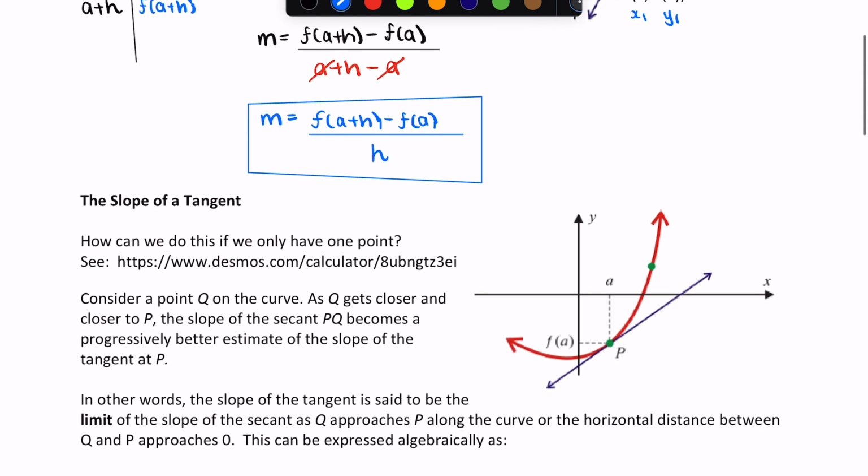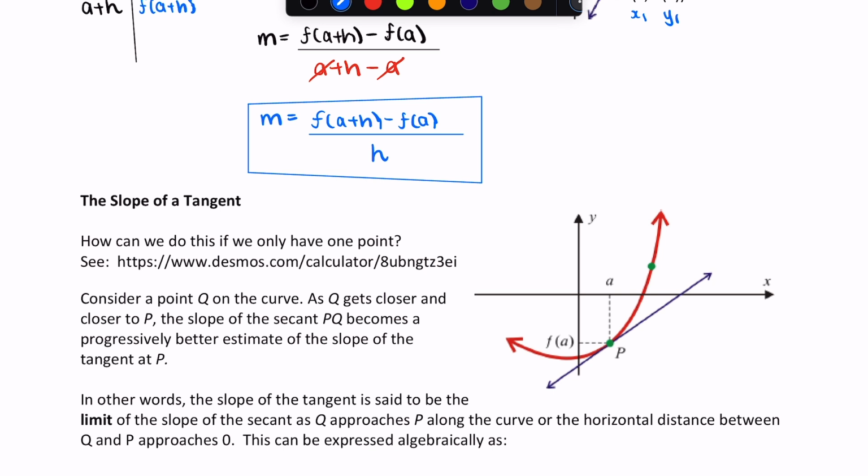Okay, so let's look at the slope of a tangent line. So consider a point Q on the curve. As Q gets closer and closer to P, the slope of the secant PQ becomes a progressively better estimate of the slope of the tangent at P. So in other words, the slope of the tangent is said to be the limit of the slope of the secant as Q approaches P along the curve, or the horizontal distance between Q and P approaches 0.